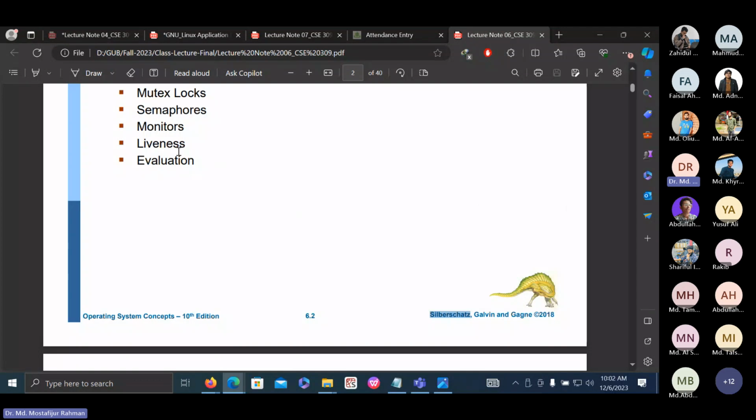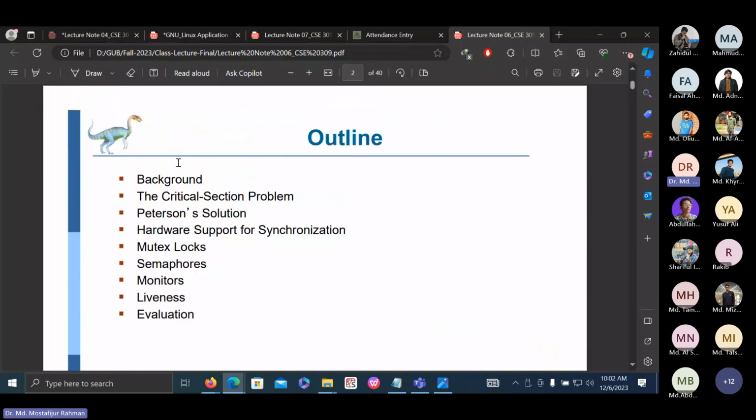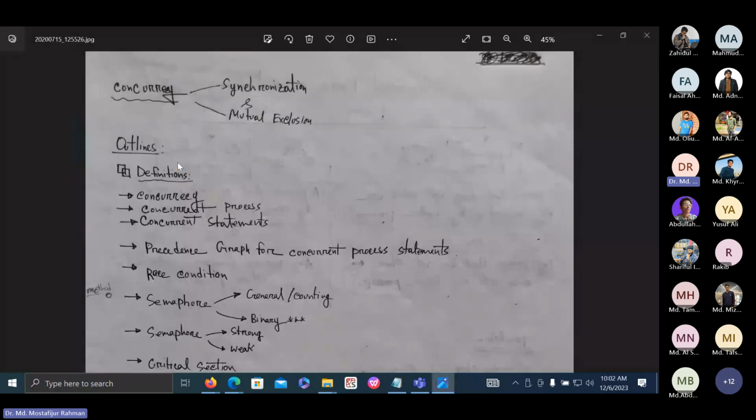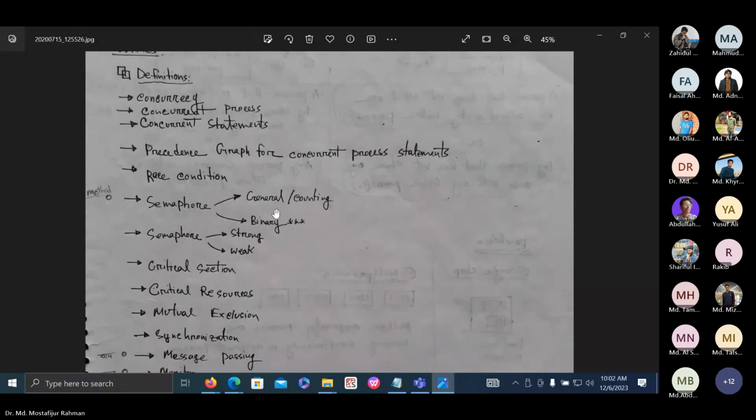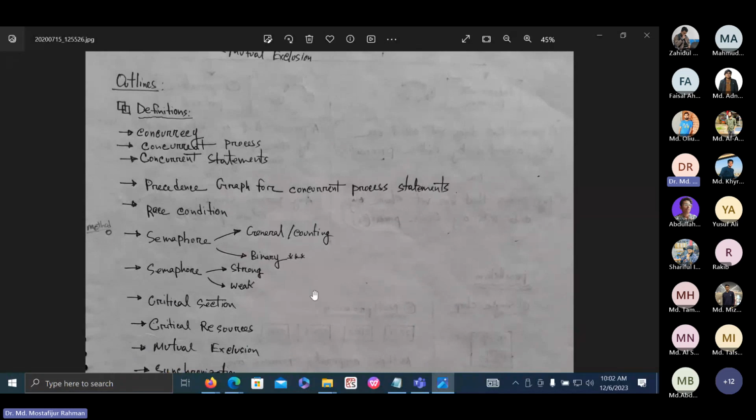Okay. So before starting this slide, I would like to discuss some very important topics, very important keywords which will help you to understand this slide.